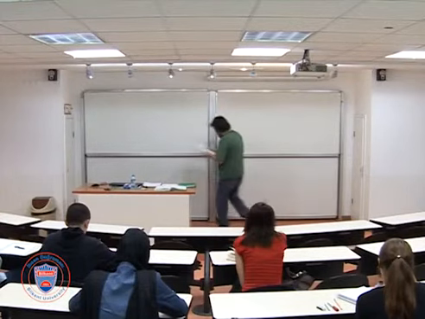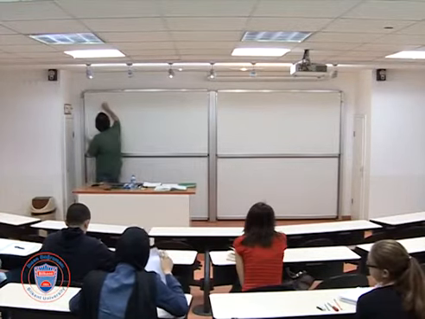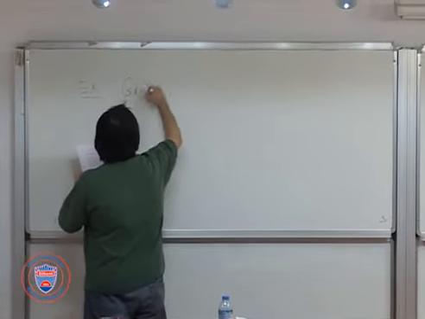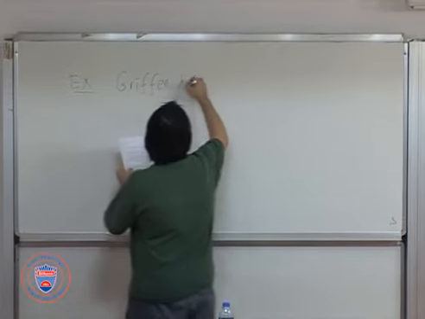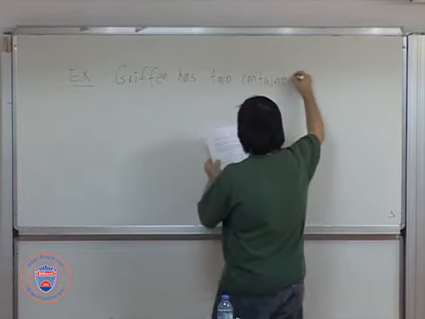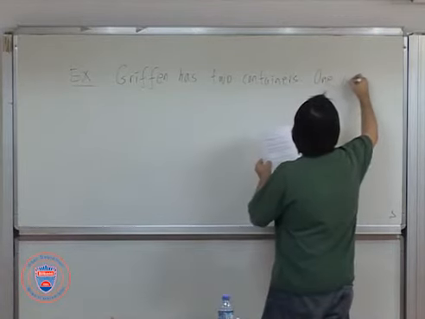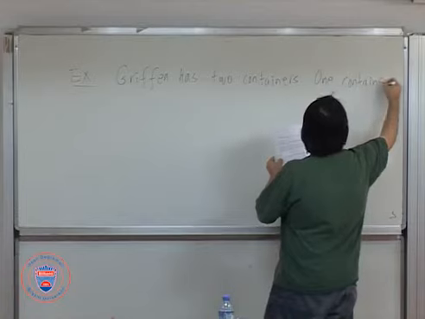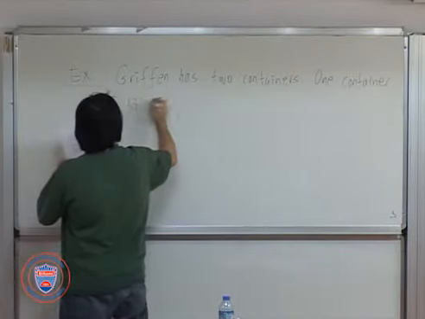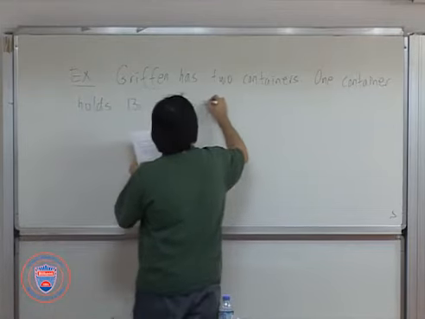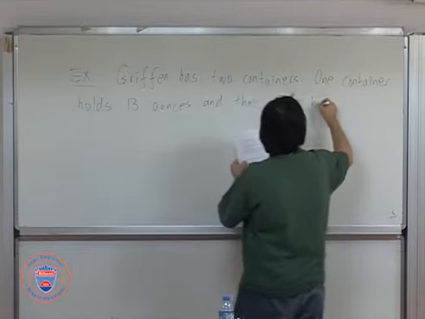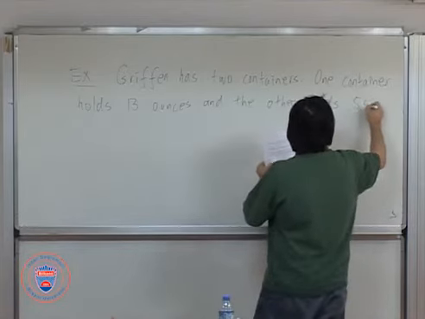Okay, let's start with this question. This is something I advertised before that you can use number theory to try to answer. So Griffin has 2 containers. One container holds 13 ounces and the other holds 55 ounces.